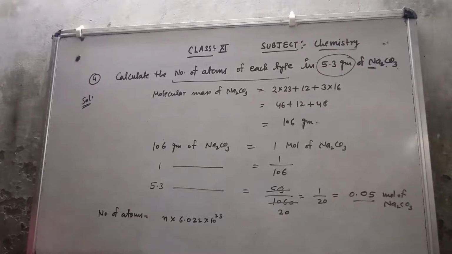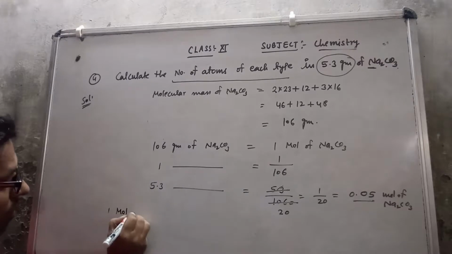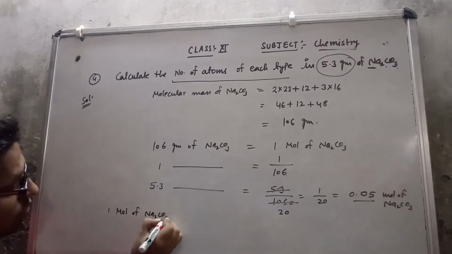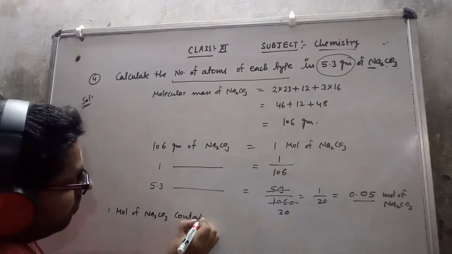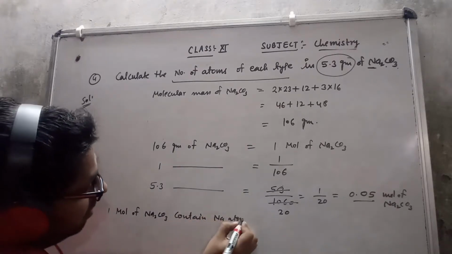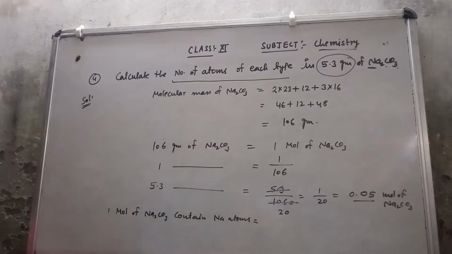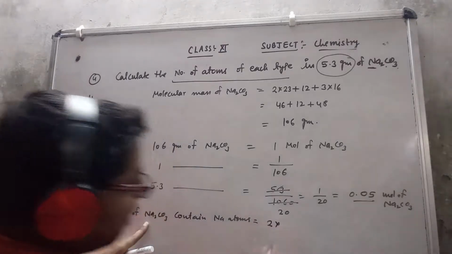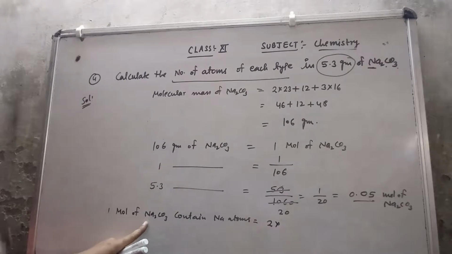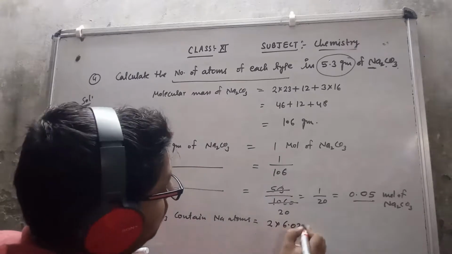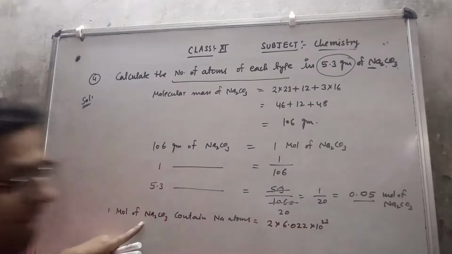Now you can see easily that 1 mole of sodium carbonate, Na2CO3, contains sodium atoms. How many sodium atoms does it contain? 2 is available here, so 2 multiply Avogadro number, because that many atoms are present here. 2 sodium is there, that is 2 multiply 6.022 into 10 raised to the power 23 atoms.